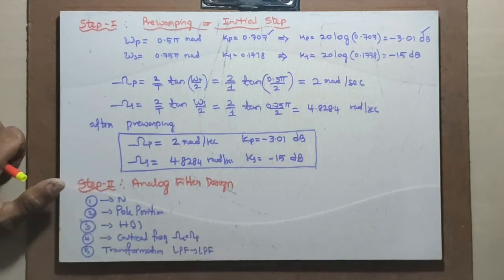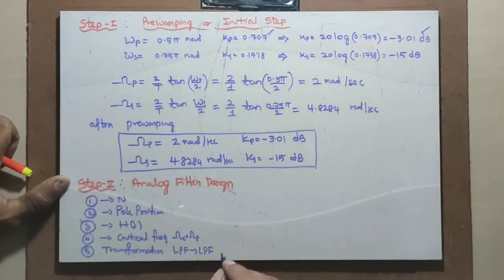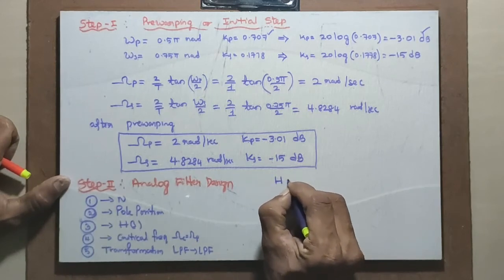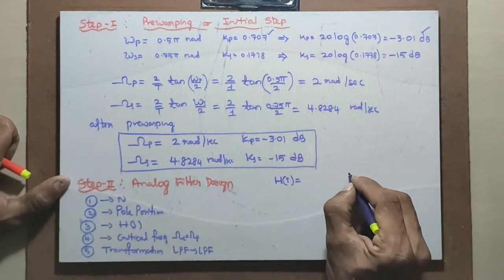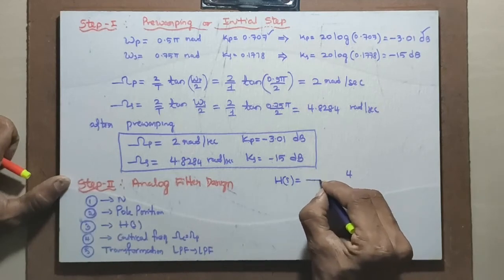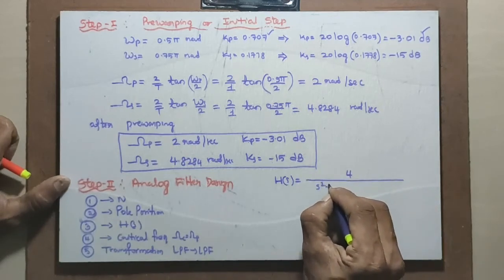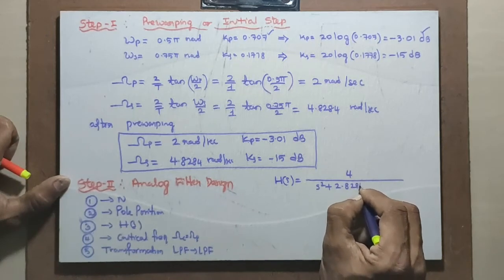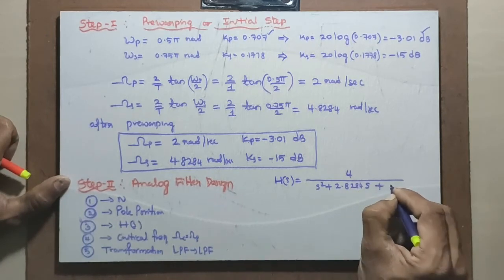After this step, what is the resulting answer? H of s is equal to 4 divided by s squared plus 2.8284 s plus 4.